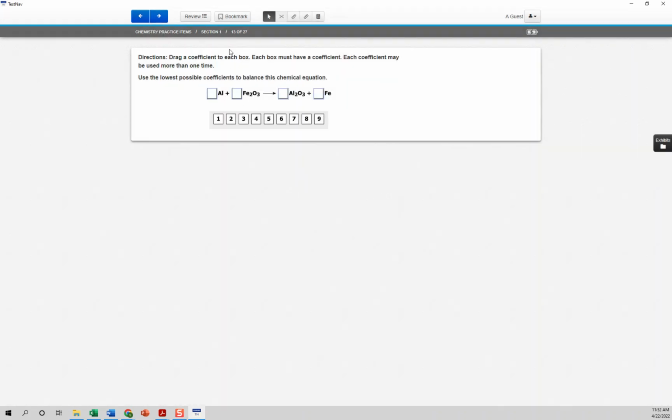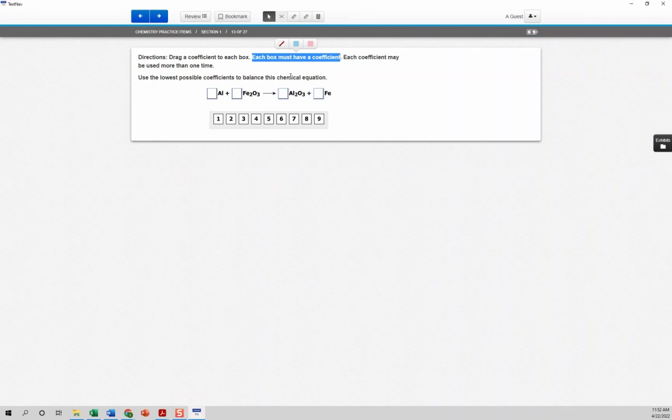Here we're going to drag and drop our coefficients to balance this equation, but notice what it says: each box must have a coefficient. That means one is not understood in this question. So if you think you have a one, you need to put one and not just leave it blank. That's what those instructions are telling you.